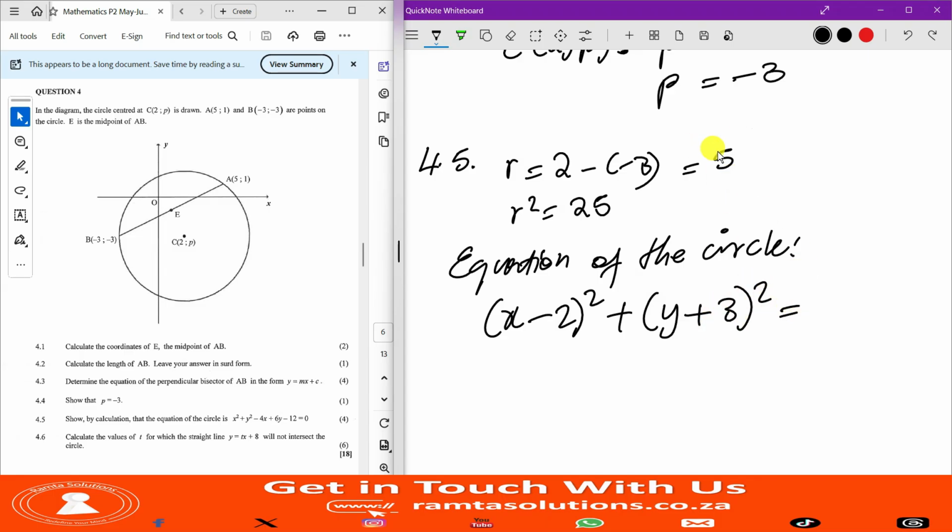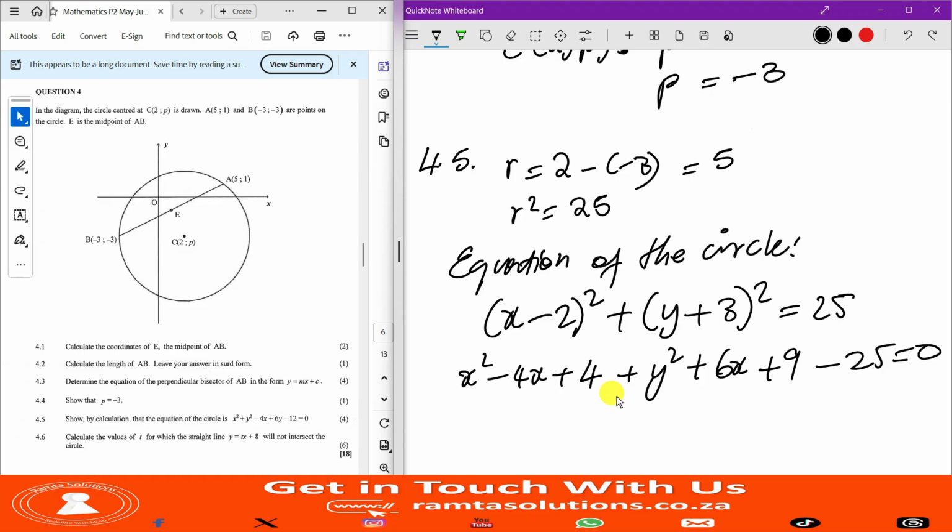What is r squared? R squared is 25, isn't it? Perfect. Now expand this. It will be x squared minus 4x plus 4, plus y squared plus 6y plus 9, minus 25 equals 0.